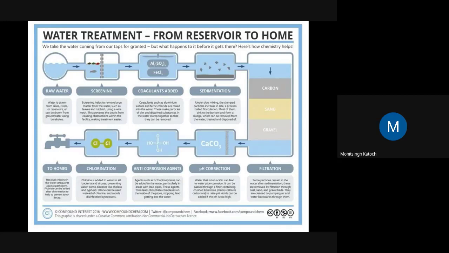After the screening, next stage is the addition of coagulants. Between both these stages, there is one more stage which we can apply, and that is known as aeration. Here we use cascade aerators to increase the dissolved oxygen content of the water so that iron and manganese can be removed and a certain amount of bacteria can be killed.